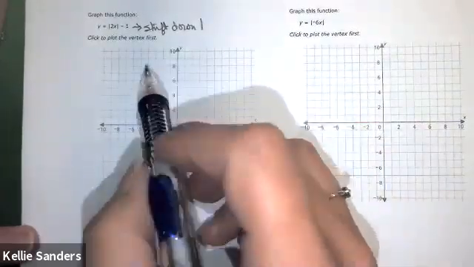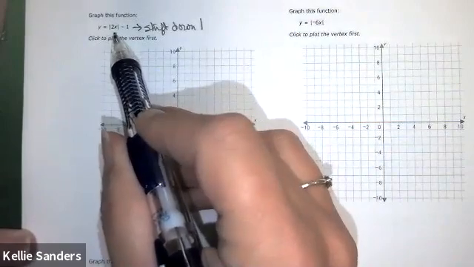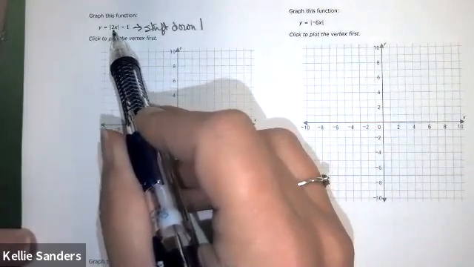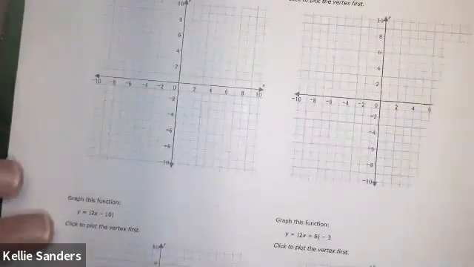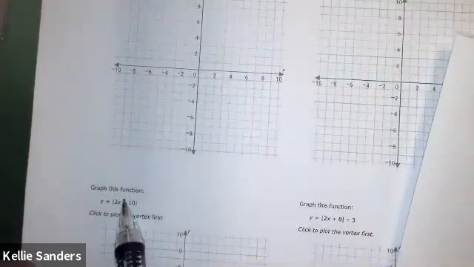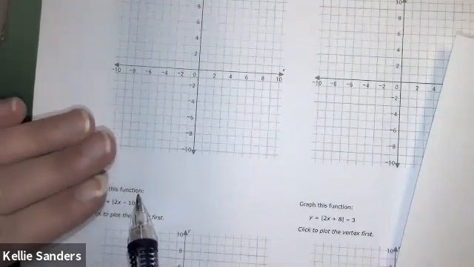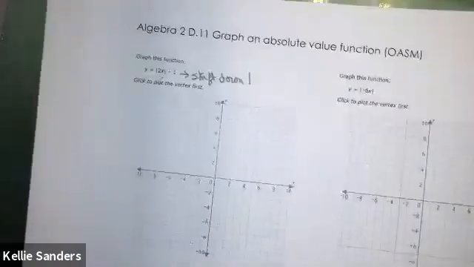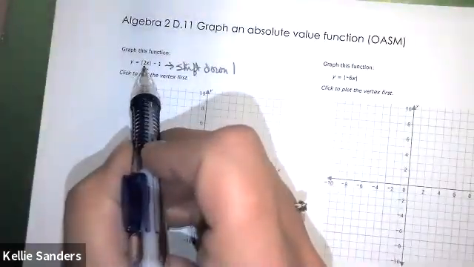Okay, so because there's not anything else inside the absolute value except the number with the x, now let me show you what I'm talking about. When there's other stuff going on, that's when we need to be careful. But on this one, there's nothing else with the x.